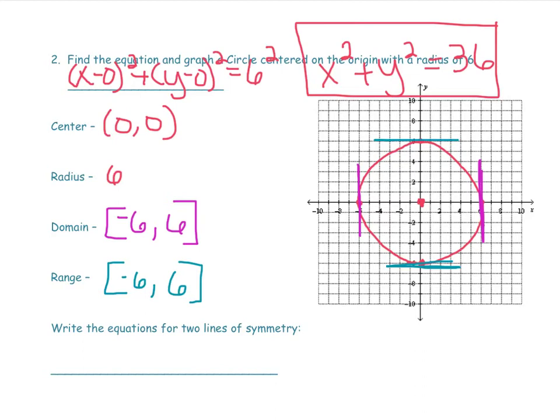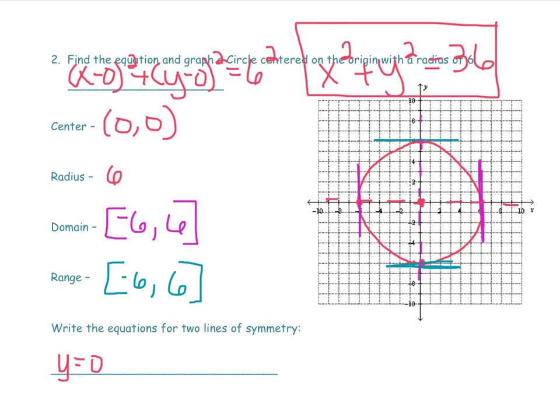Now we can write our equations for the two lines of symmetry, and I'm just going to let you know we're going to do a third one also. So let's do the first one. Let's do a horizontal one. I'm going to show it right here. This would be one line or axis of symmetry, y equals 0. Another one might be this one right here.